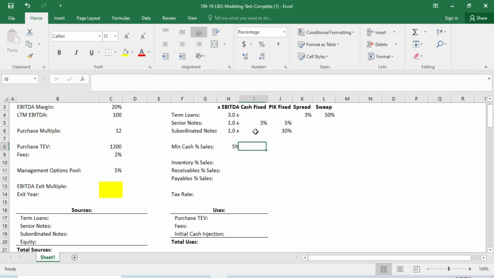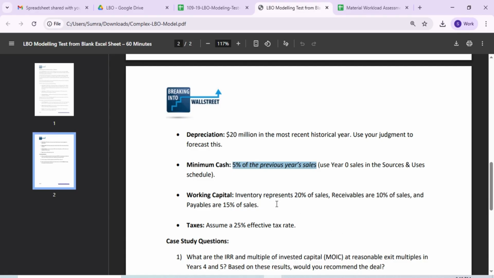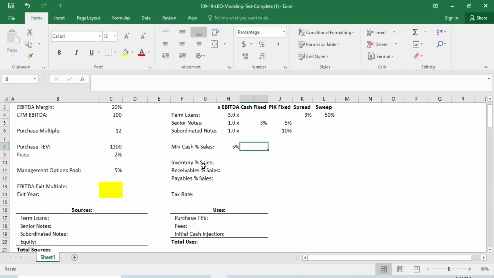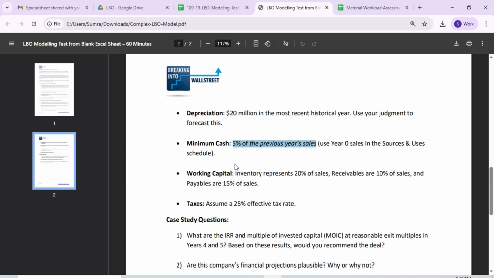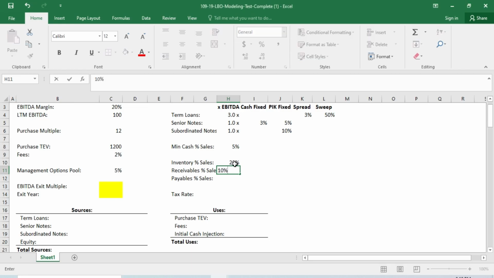Minimum cash is 5% of previous year sales. Inventory is 20%. Receivable 10%. Payable 15%. And tax rate is 25%.